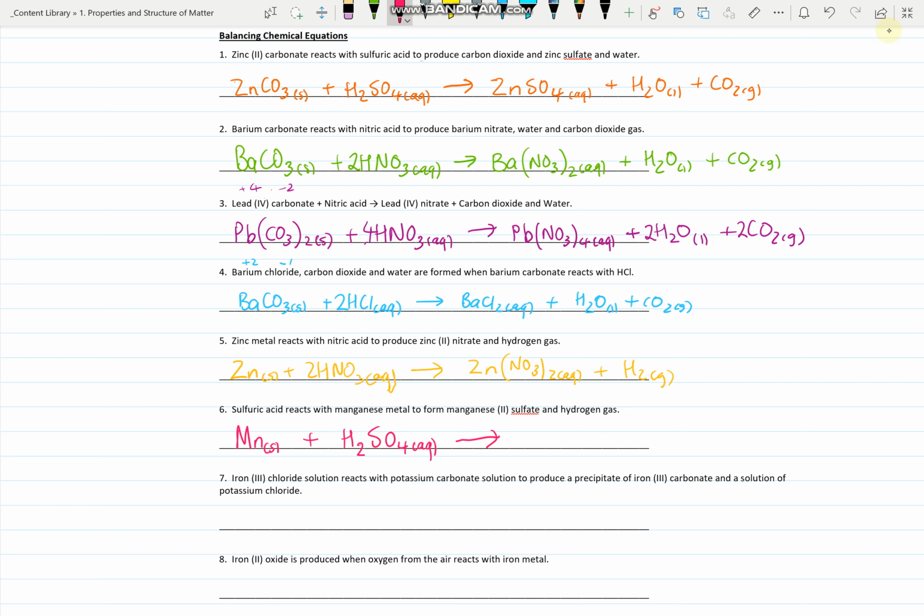And our salt is manganese sulfate. It tells us manganese is 2 plus, sulfate is 2 minus. The ratio they come together is 1 to 1. And all salts are aqueous. Hydrogen gas is H2. Everything looks good. Nothing needs to be done there.